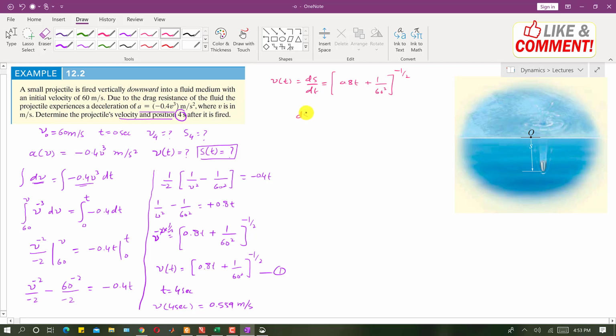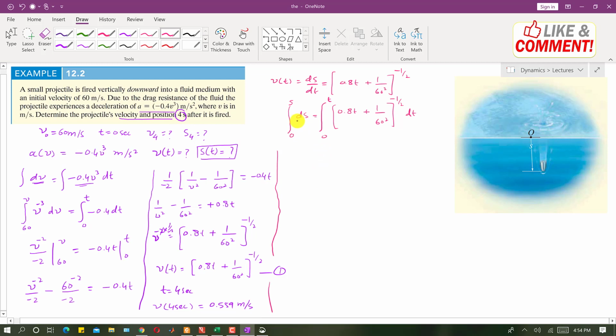So this ds will be equal to (0.8t + 1/60)^2 to the power minus 1/2, multiplied by dt, and then we will integrate. This is from 0 to t, and let's say the origin is s equals 0, so s goes from 0 to s.